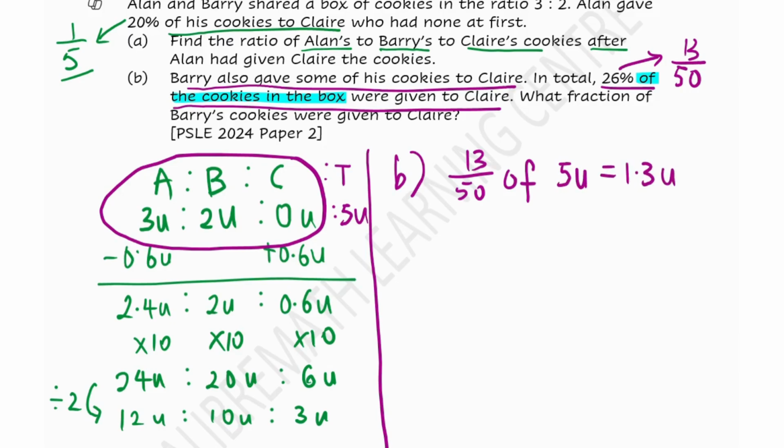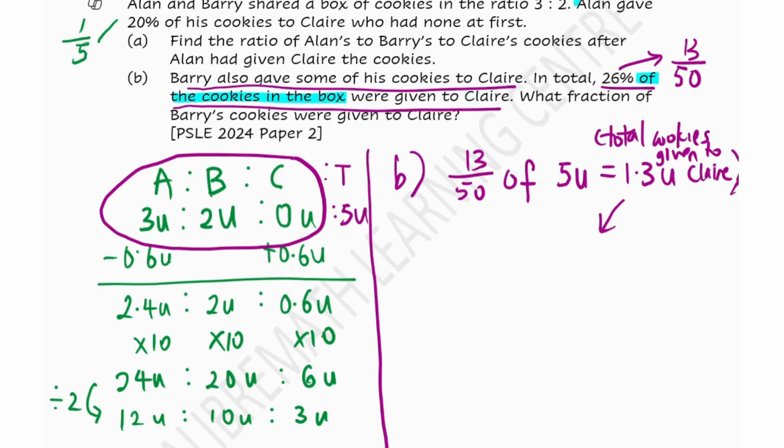So it means that 1.3 units is the total cookies given to Claire. Remember, in part A, Alan gave 1/5 of his cookies to Claire, and we found out that 1/5 of his cookies is equivalent to 0.6 units.